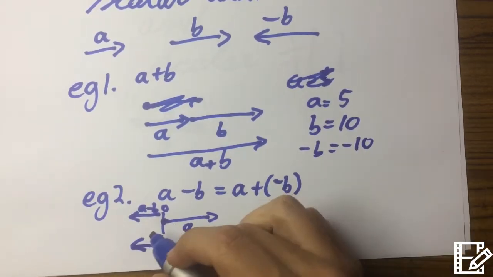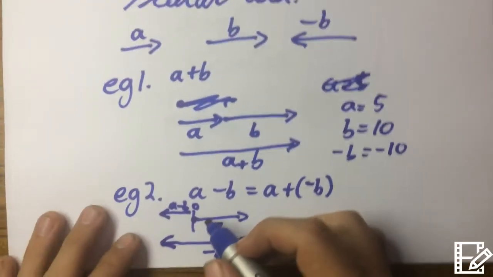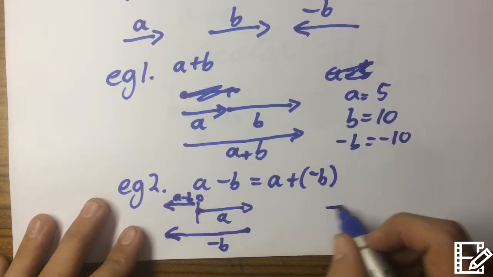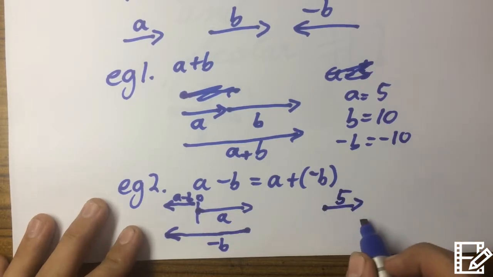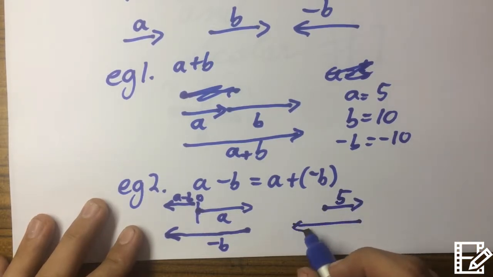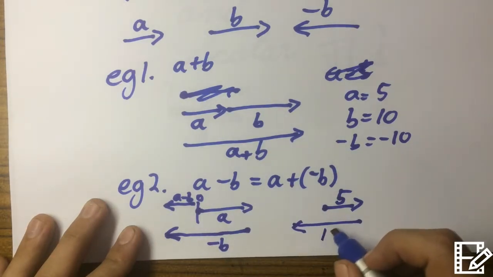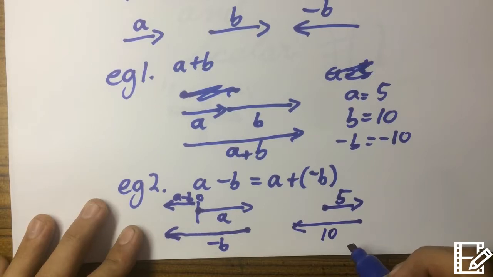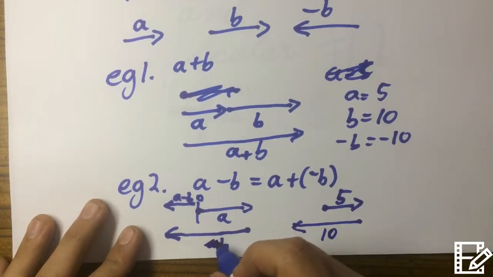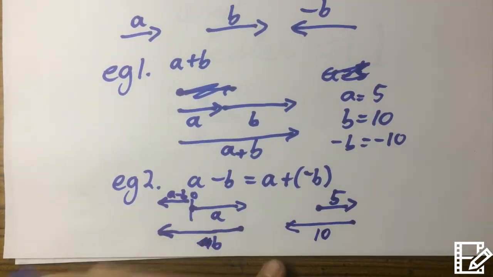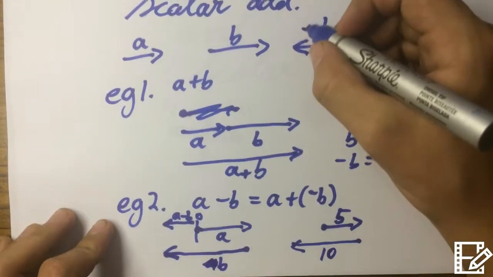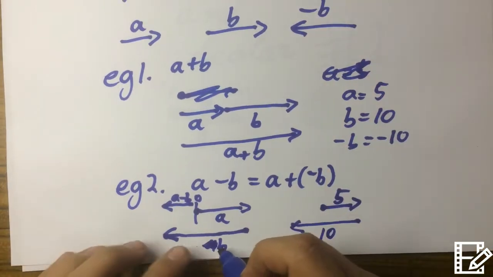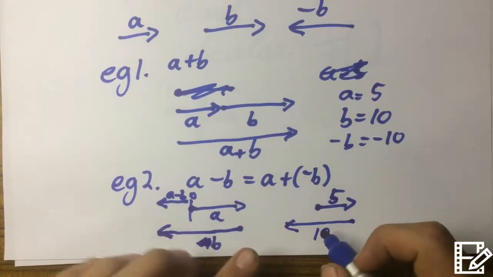So if I had this here, that would be literally the same as going 5 in this direction from 0, and then going backwards 10. Anyway, here is 10.